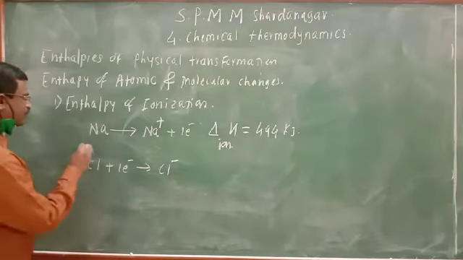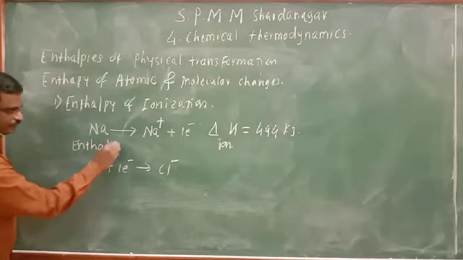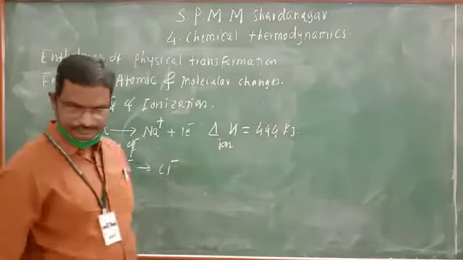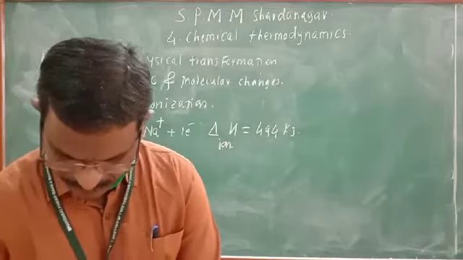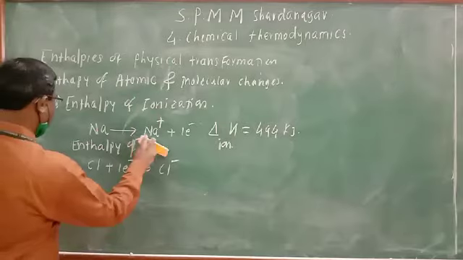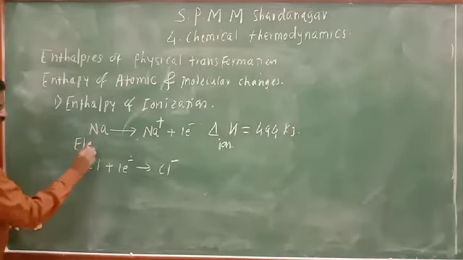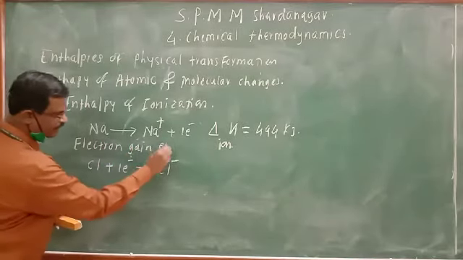At that time it is known as electron gain enthalpy, that is the enthalpy for electron gain, known as electron gain enthalpy.